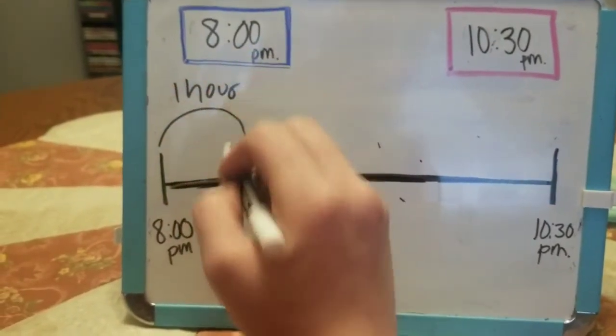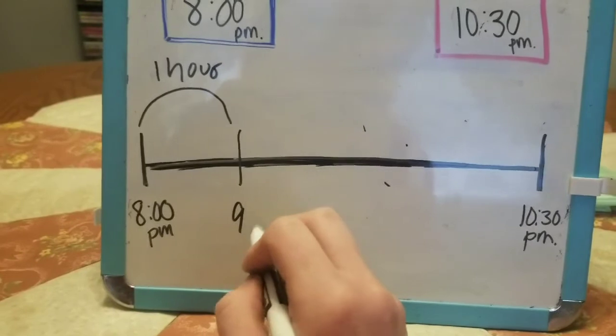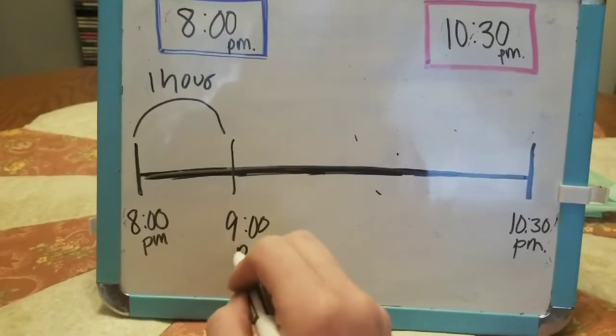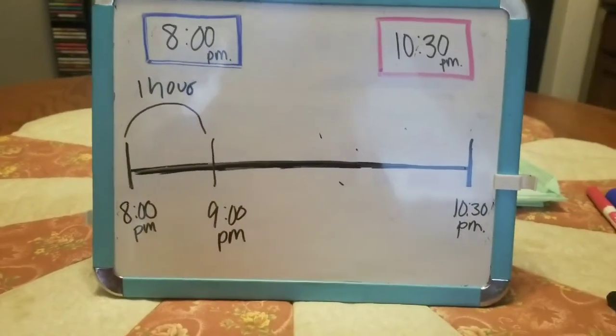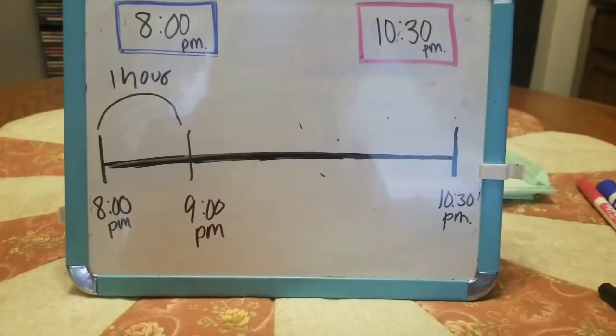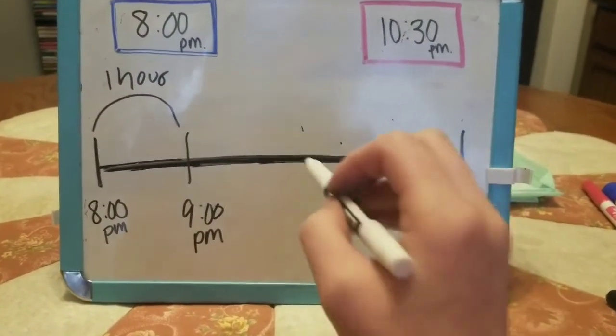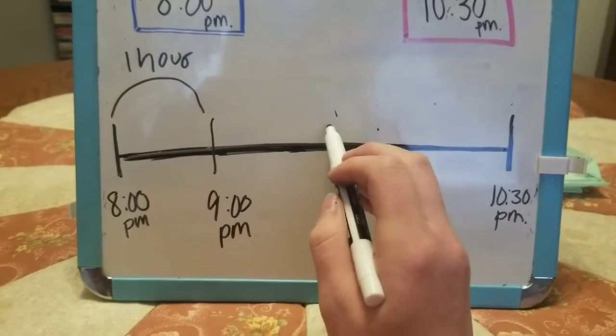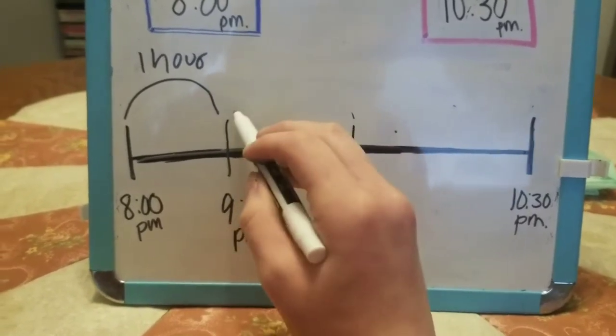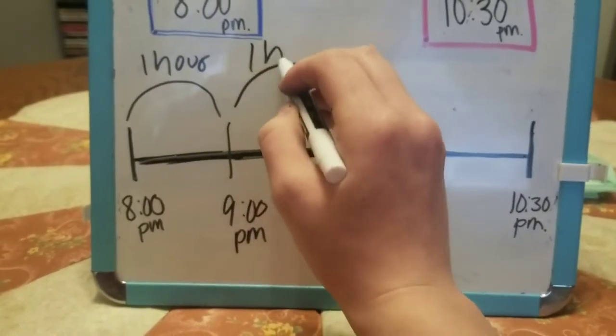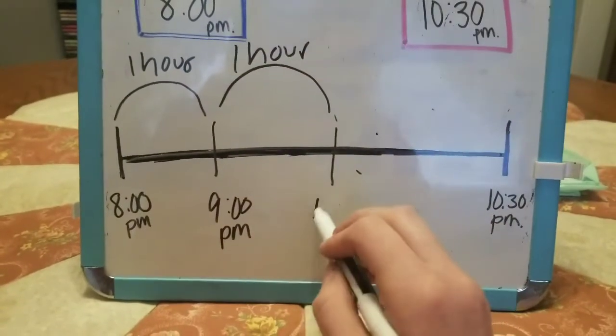It would be 9. Good job. 9 p.m. What would be another hour jump from 9 p.m.? It would be 10 p.m. Good job.